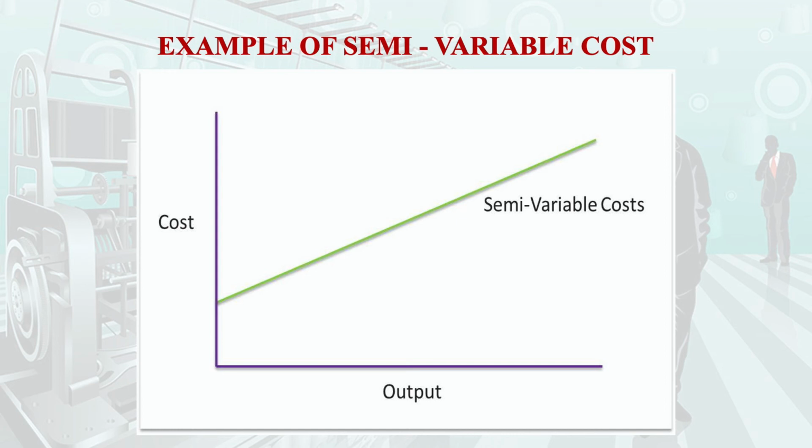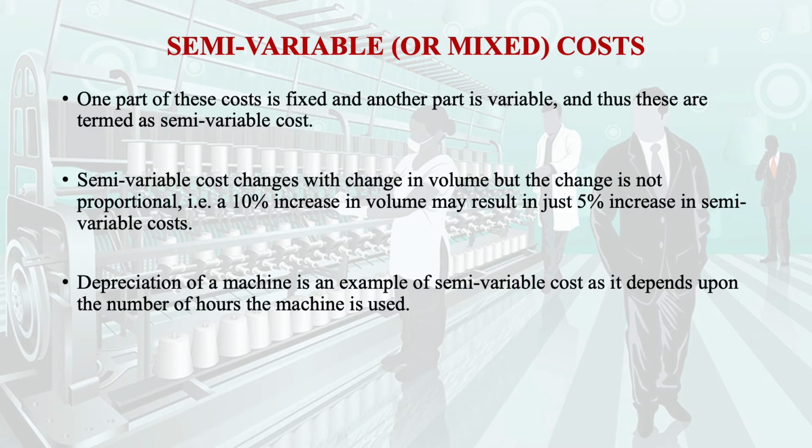This certain portion is called the fixed cost, and then the variable cost starts. In combination, we can say it is a semi-variable cost. One part of this cost is fixed, while another part is variable. Thus, it is termed the semi-variable cost.